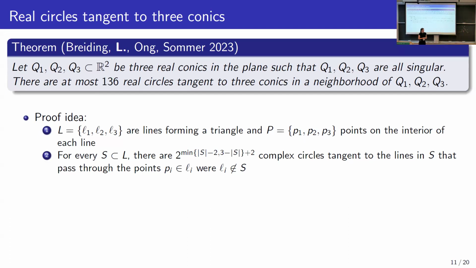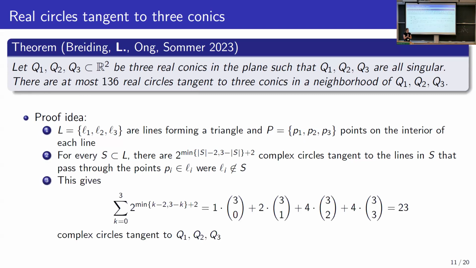Okay. In this case, you can actually just verify this directly, but apparently all of my co-authors knew that this was a classical geometry result. They're like, oh yeah, we learned this in high school. I don't think I did, but it's not so hard to verify directly that there's 2 to the number of lines in S complex circles tangent to the given lines in S that pass through the points on the lines not in S. Okay, so what does that do?